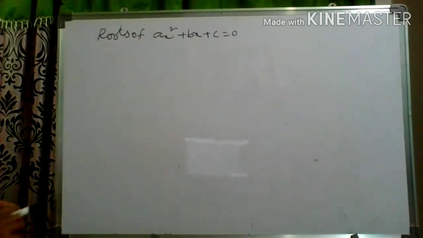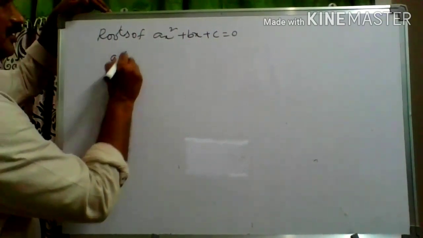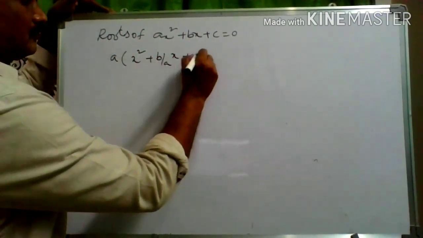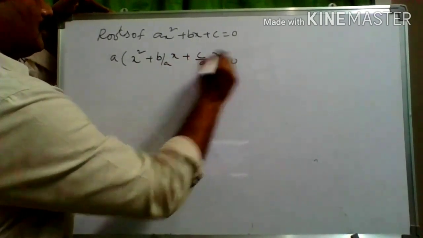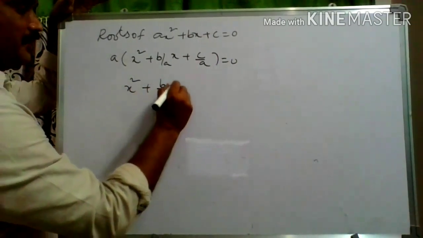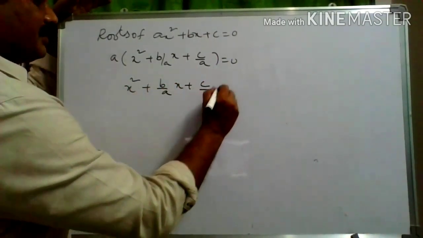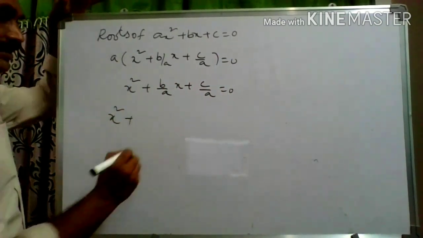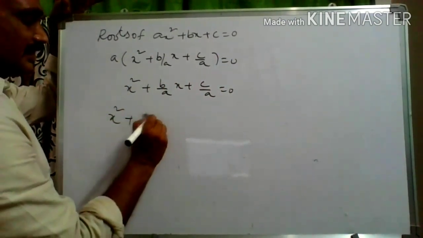A quadratic equation has 2 roots. Taking a common, x square plus b by a into x plus c by a is equal to 0.